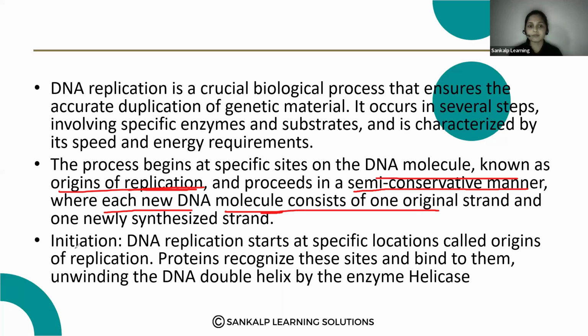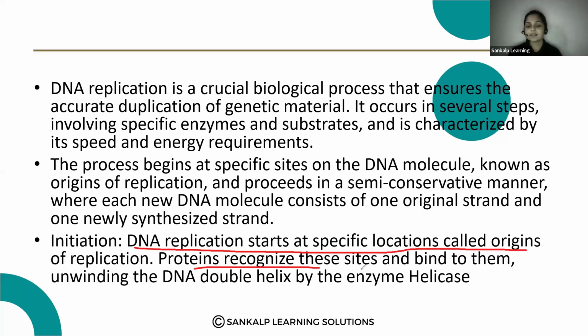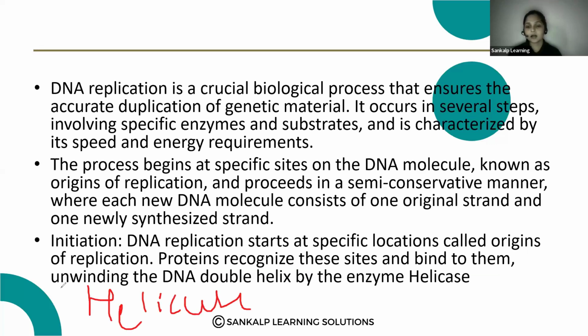Next step. DNA replication starts at specific locations called the origin of replication. Here, proteins recognize these sites and bind to them, so the enzyme called DNA helicase performs the unwinding of the DNA double helix.